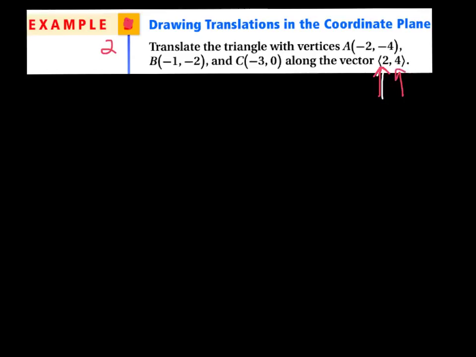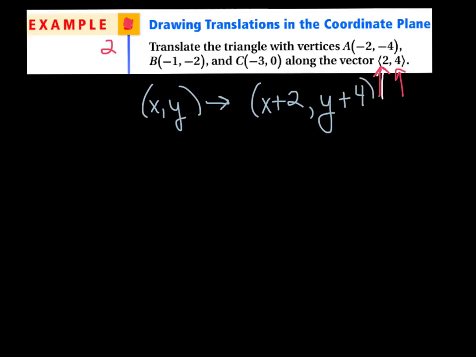The second number in the vector represents the vertical change. So all this means is that (x, y) is going to go to (x + 2, y + 4), since we have a positive change of 2 in x and a vertical change in y of plus 4.